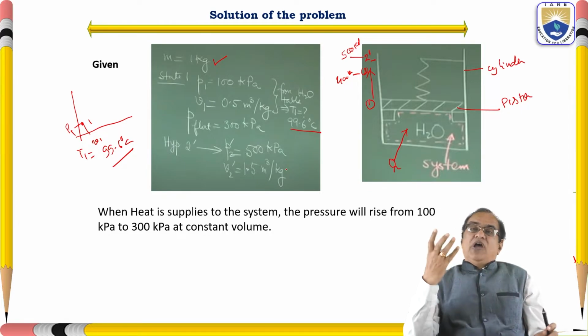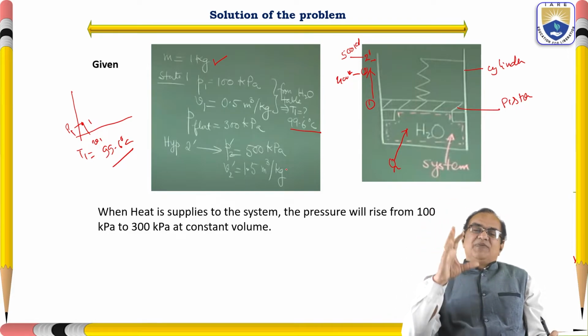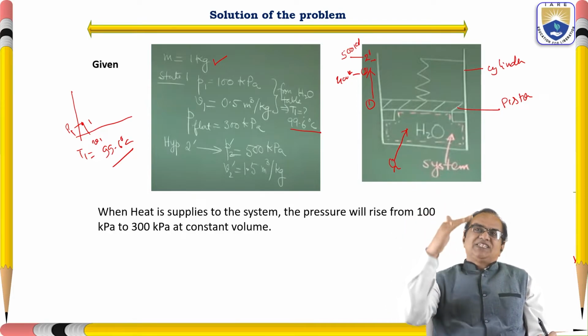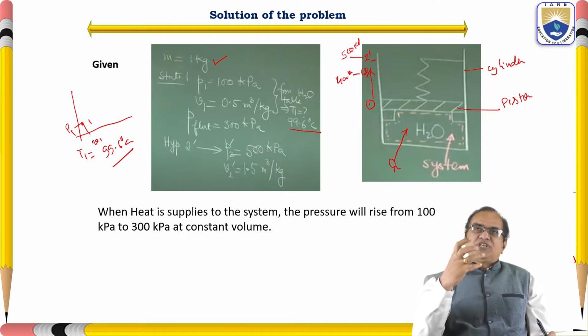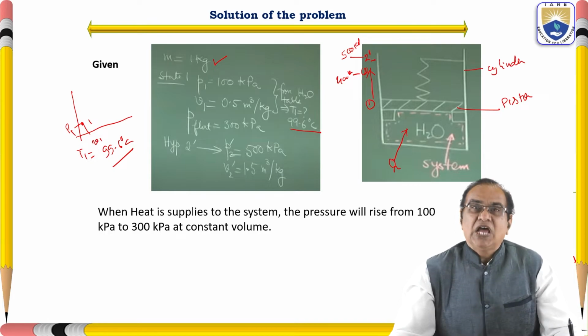Because here we have the spring and the spring constant is not given, because F is equal to Kx. Neither x is given, neither the K is given. So we cannot find out this force by the spring. To have that, a final hypothetical state is given, this we will see in our next slide.